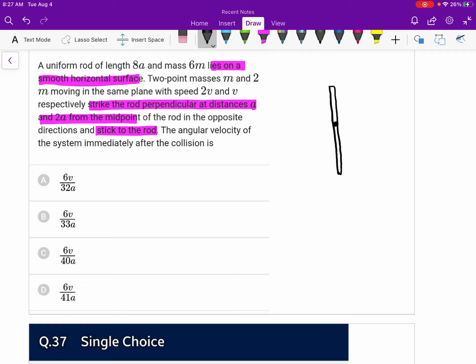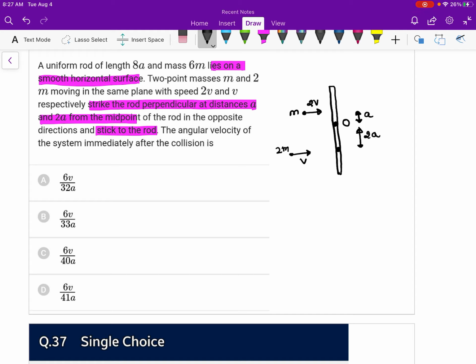So this is center O. One particle of mass m is moving with 2v at distance a. And another particle is of mass 2m, speed v, and this distance is 2a.